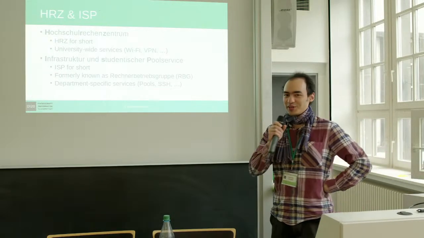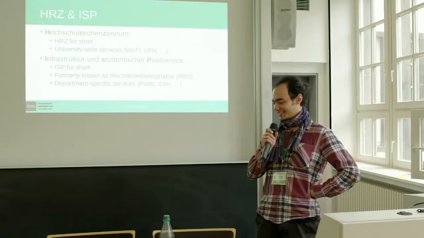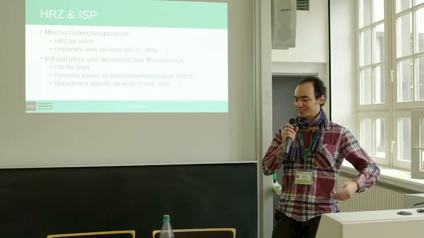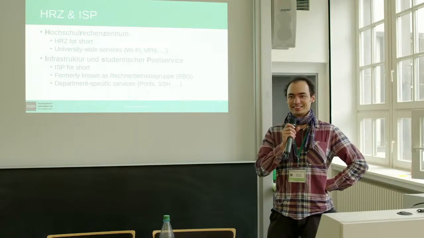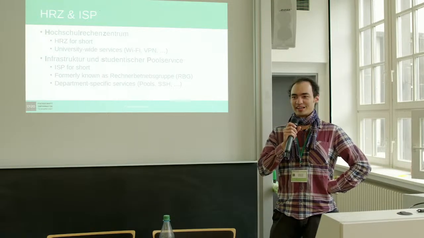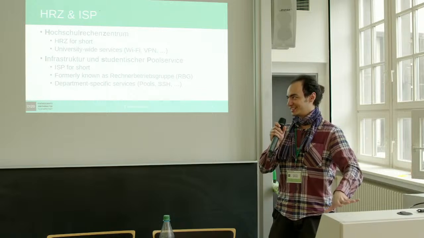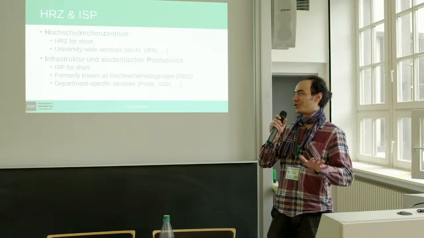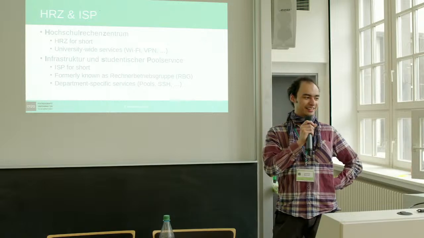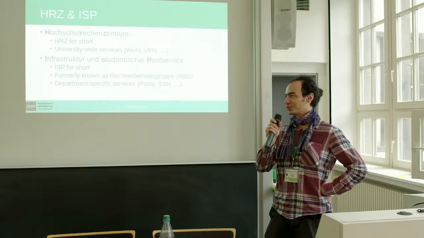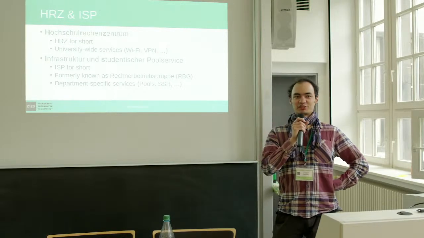So first of all, the HRZ and ISP. Why do we have two different entities? For historical reasons. The Hochschulrechenzentrum is the main IT service provider for the university. But before we had this main central facility, the computer science department had its own IT infrastructure provider.